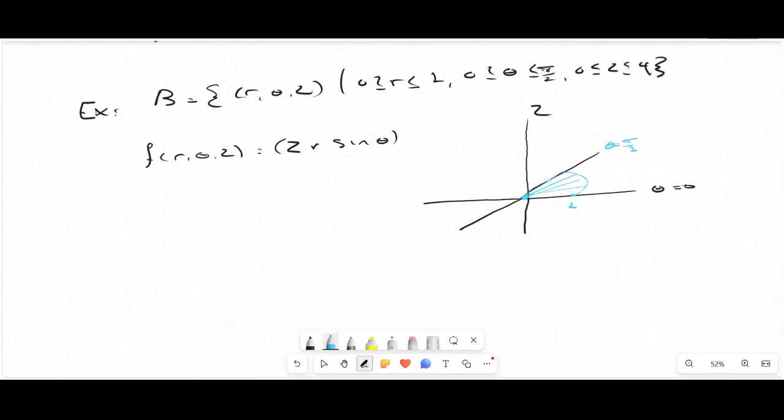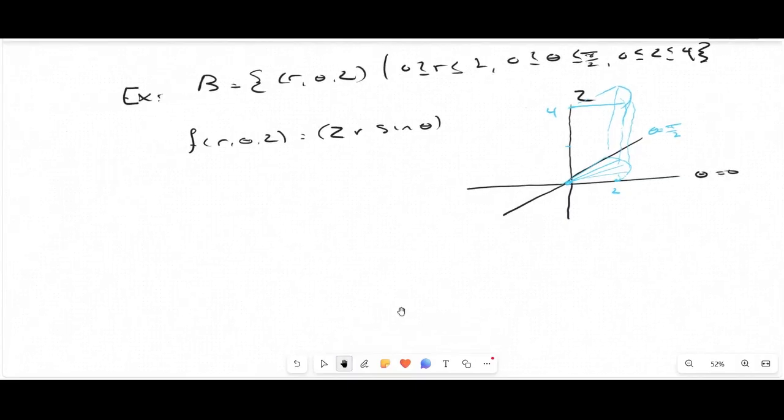And then z goes from 0 to 4. Boom. Well, that's supposed to be a straight line, but that's the region we're integrating over.